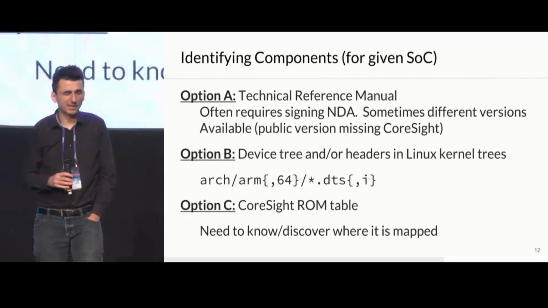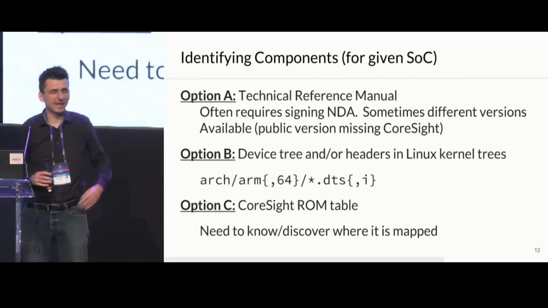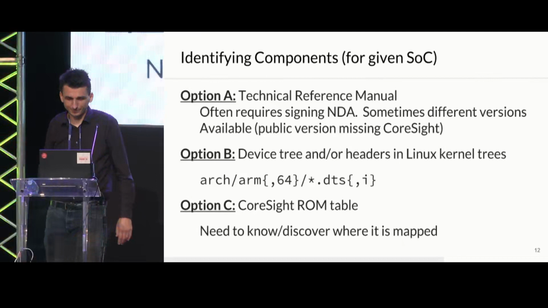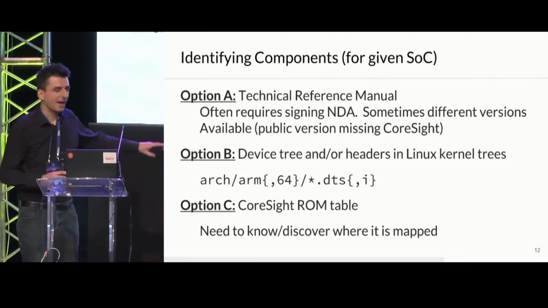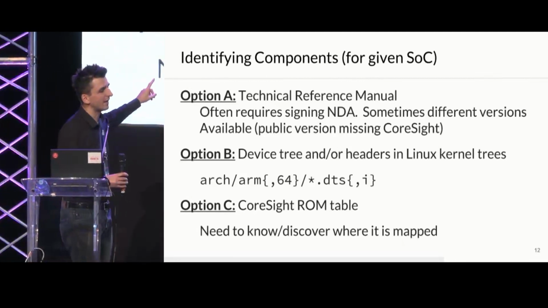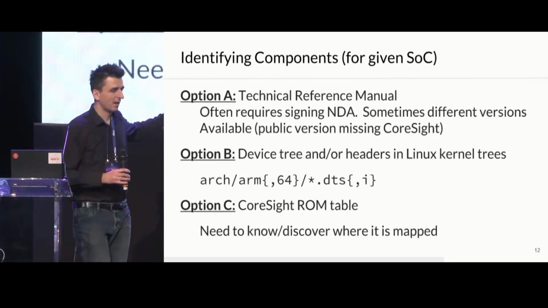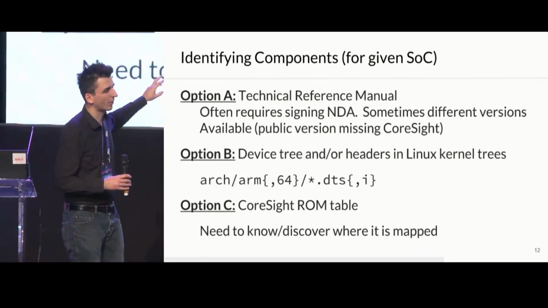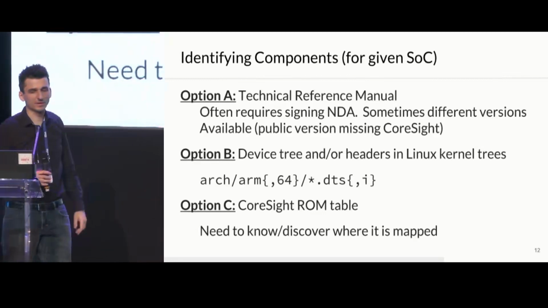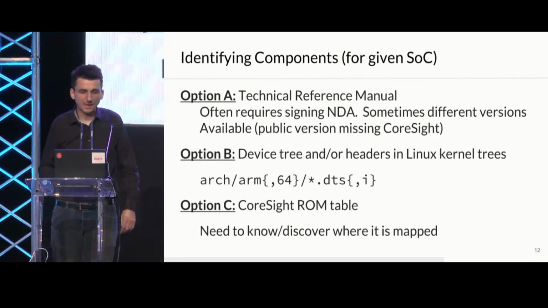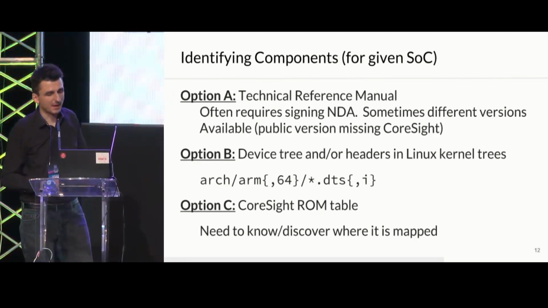It's a Spreadtrum, I think, 9836. And in vendor trees, the description for CoreSight components in the Qualcomm repositories for their chips is fairly complete. But that's about it.